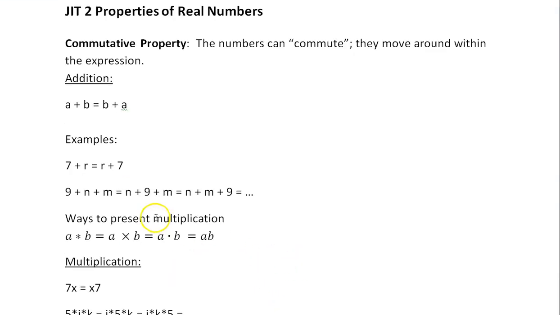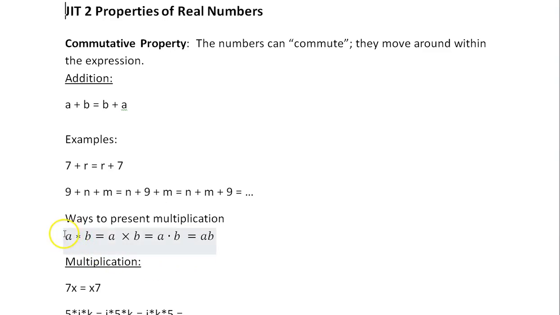I do want to just emphasize one thing before we go on to the multiplication piece. A times b, I have an a asterisk b, and then I have the a times sign b, and a dot b, and ab together. All of those are multiplication. Those are exactly the same statements.